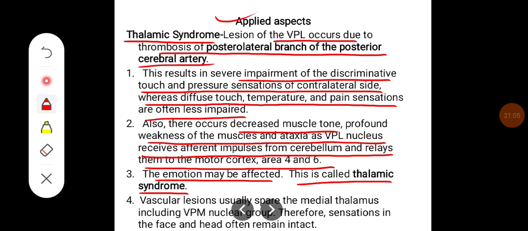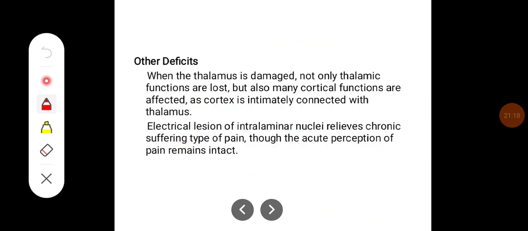Vascular lesions usually spare the medial thalamus, including the VPM nuclear group. Therefore, sensation in the face and head often remain intact. The other deficits when thalamus is damaged: not only does it lead to thalamic function loss, but mainly the cortical functions are affected.